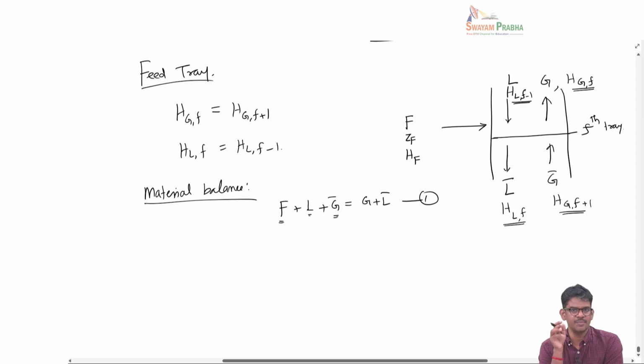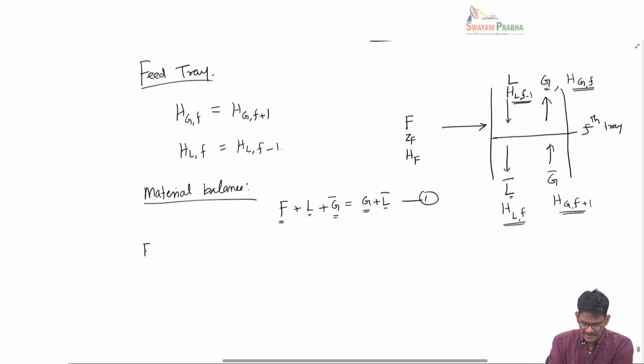These are the streams coming into the feed tray, and what is leaving the feed tray is G, that is here, and then L bar over here. That is a total material balance about the feed tray, and then we also do an enthalpy balance.